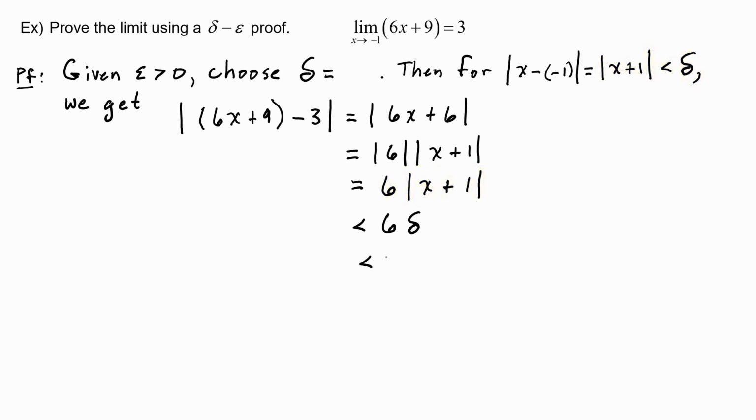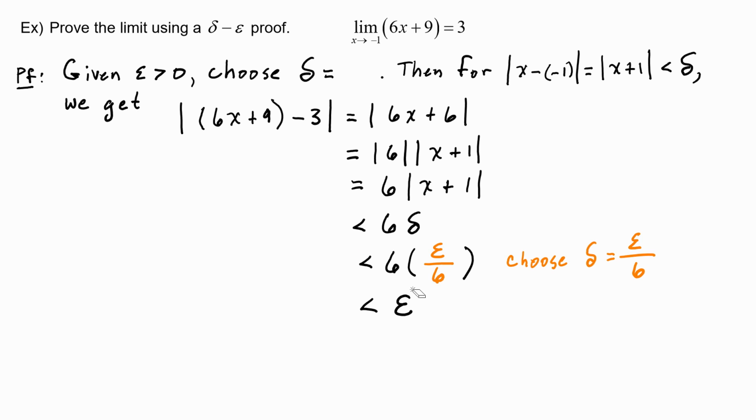We know that we'll need to figure out what delta is going to be, so that when we take 6 times whatever we choose for delta, we end up with less than epsilon. So at this point, we would choose delta to equal epsilon over 6, because if we choose that, epsilon over 6 times 6, of course, they cancel, and we get epsilon.